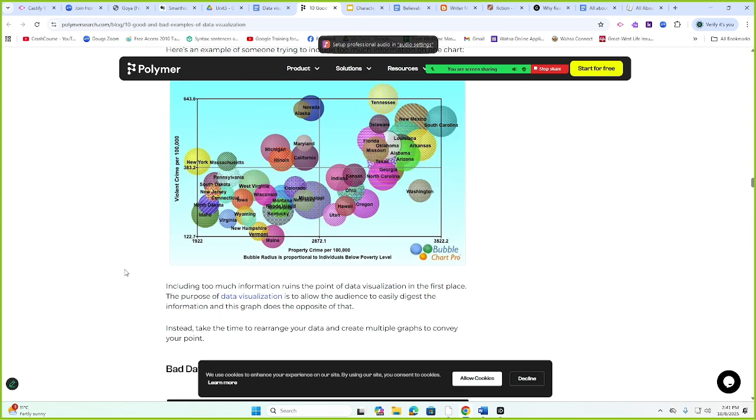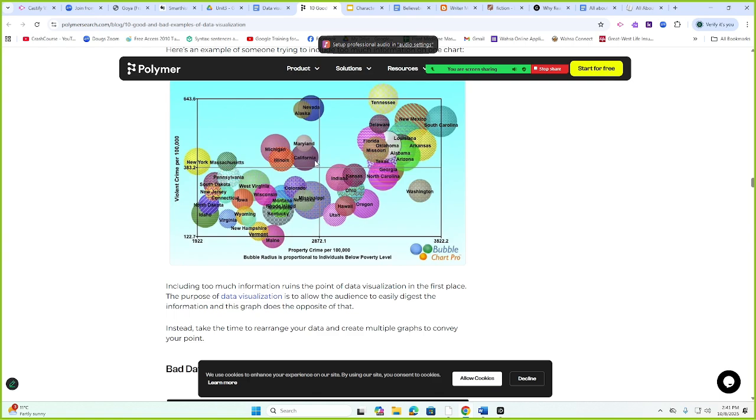Property crime per 100,000. Bubble radius is proportional to the individuals below the poverty line. So each circle's radius is proportional when we compare one state to another state.